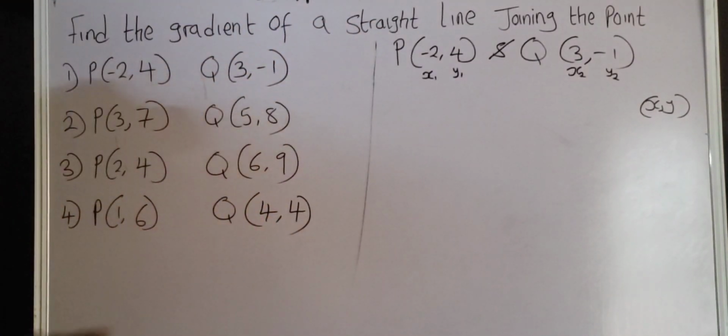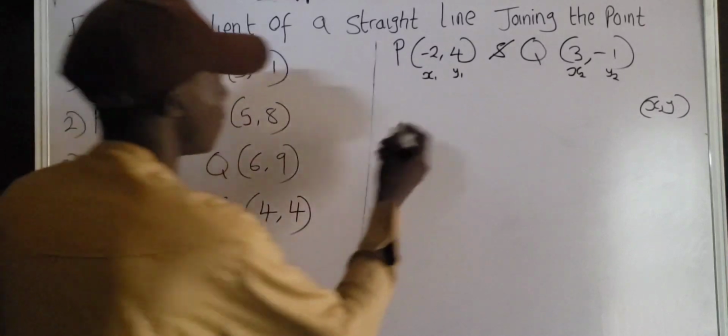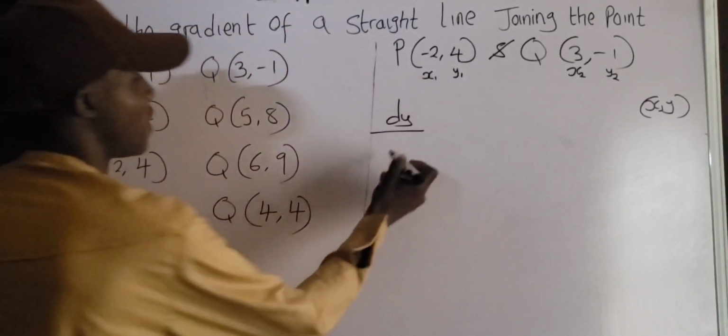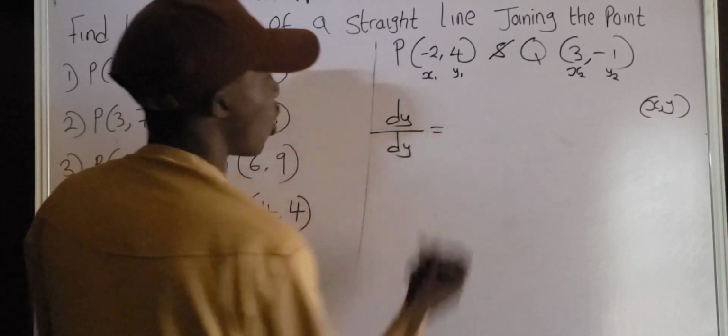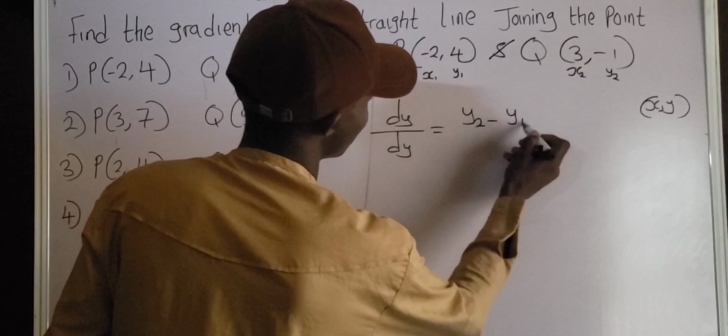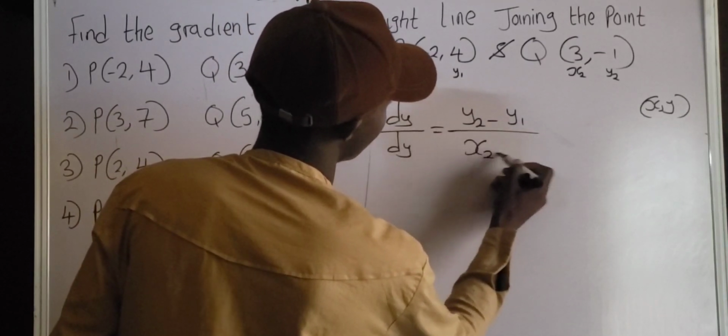Having identified our x1, y1, and x2, y2, the next step is to use the formula for gradient. Gradient is also known as dy all over dx, that is change in y all over change in x. That is y2 minus y1 all over x2 minus x1.